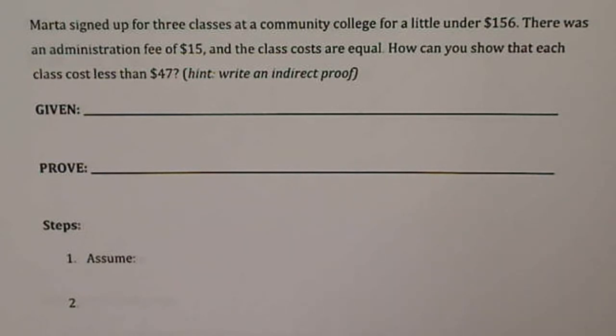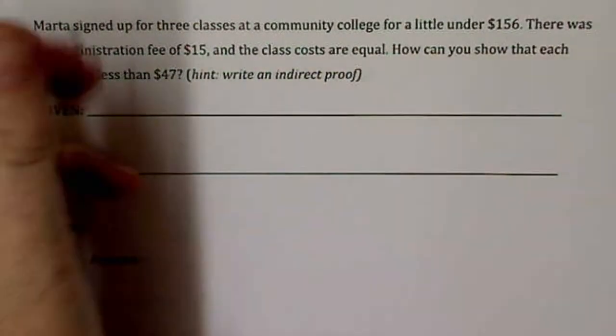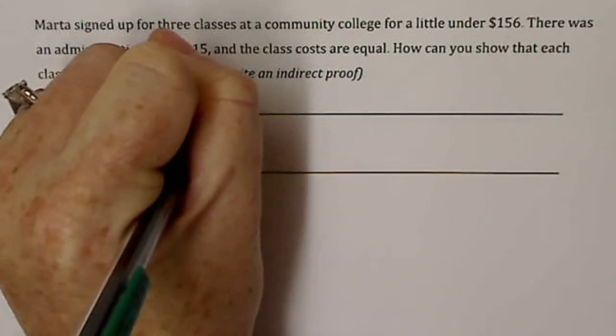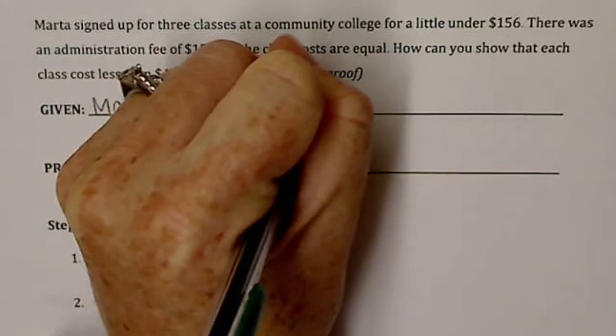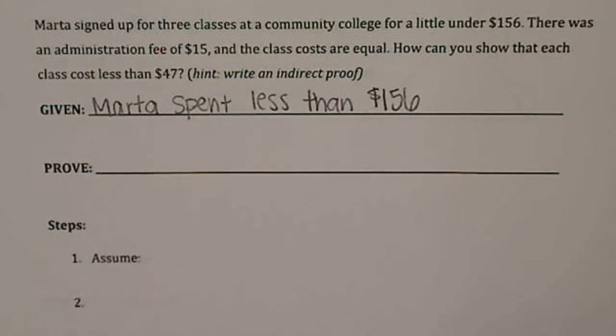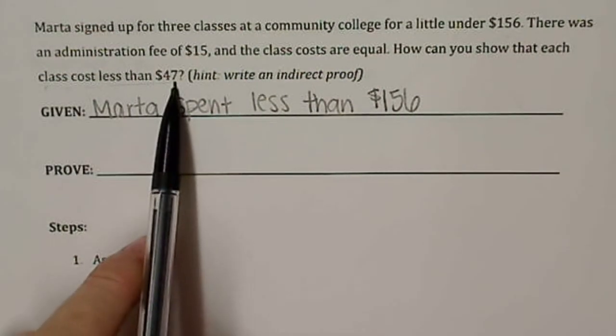What are you told that's true? You're told that Martha spent less than $156. That's a true fact. What are you trying to prove? You're trying to prove that each class costs less than $47.